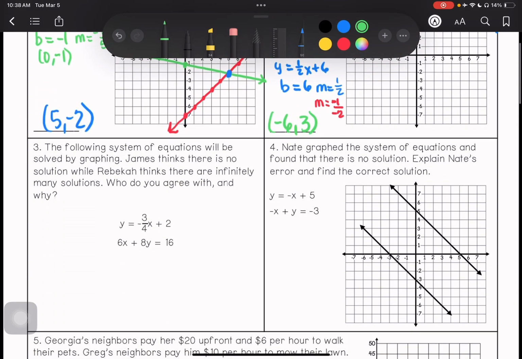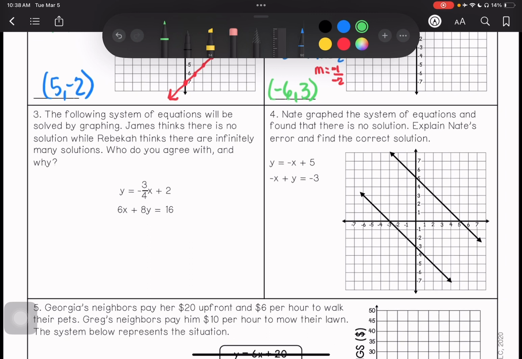Number 3. It says the following system of equations will be solved by graphing. Since James thinks there is no solution, while Rebecca thinks there are infinitely many solutions, who do you agree with and why? But first, I want to put the second equation in slope-intercept form by subtracting 6x from both sides.